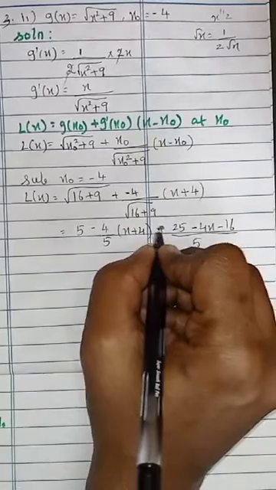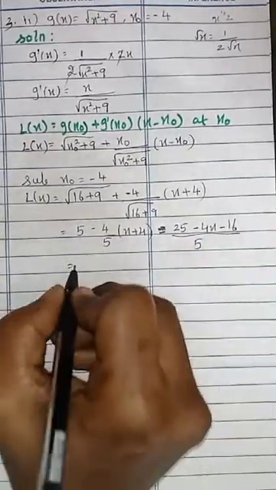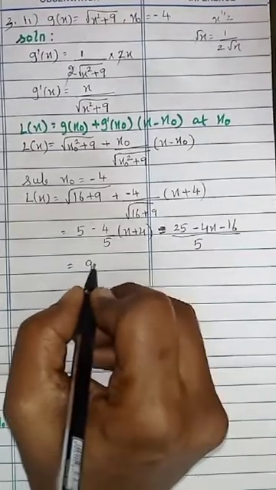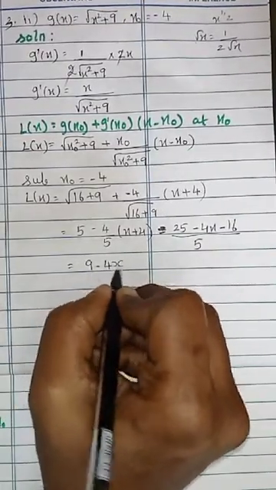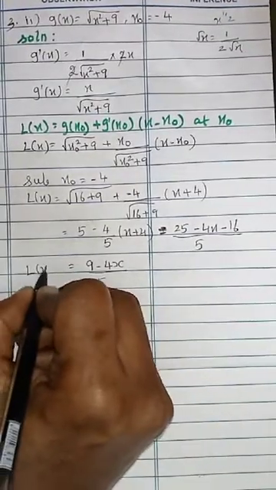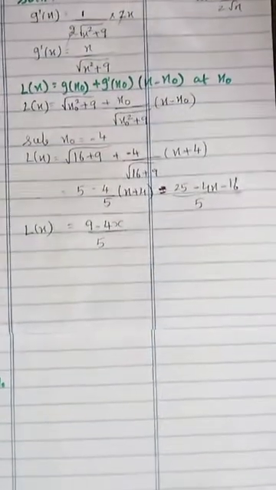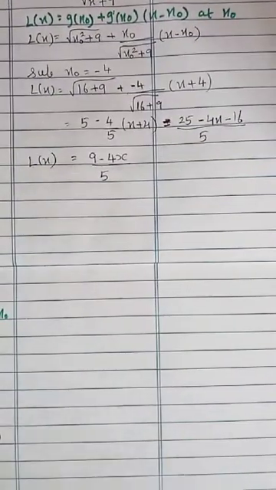Simplifying, 25 minus 16 is 9, minus 4x, divided by 5. So this is your linear approximation. L of x equals 9 minus 4x by 5.